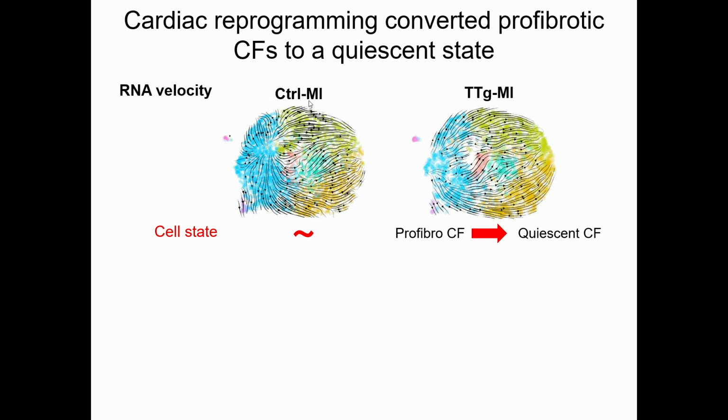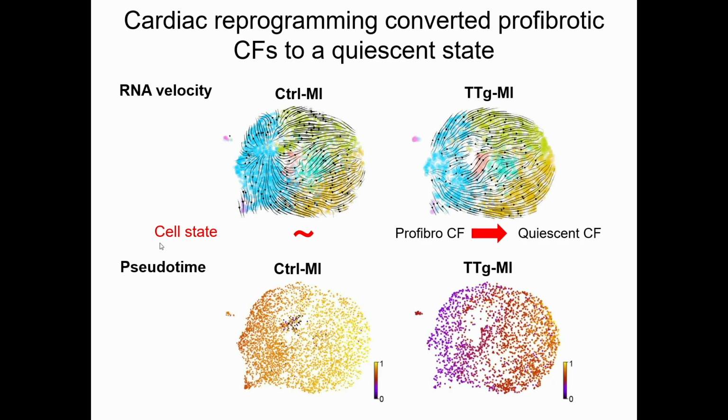In the control mouse and MI mouse, the CF cell state didn't change much, but after reprogramming, the CF5 population moved or transitioned to the right side, which is a quiescent type of cardiac fibroblast. So these results suggested that profibrotic cardiac fibroblasts convert into quiescent cardiac fibroblasts by cardiac reprogramming.